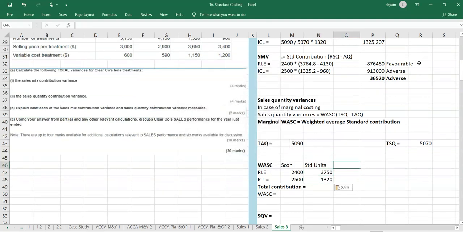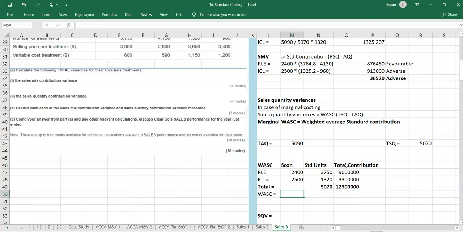We'll get the contribution. Total contribution is here, and total standard units is here.